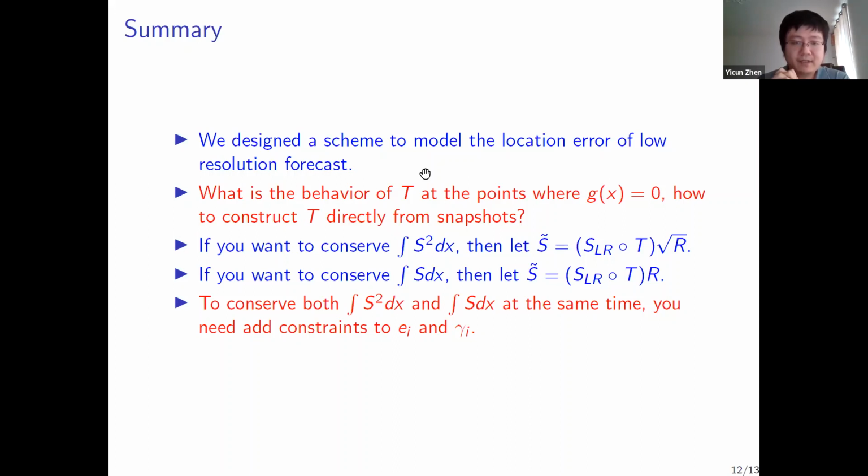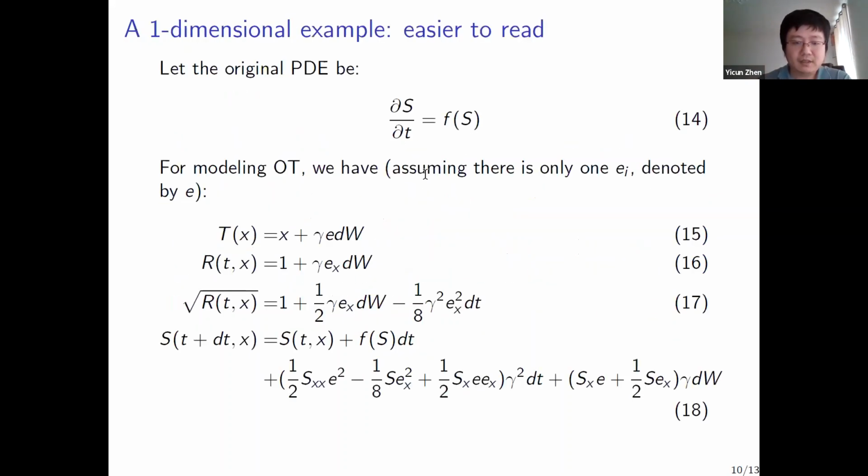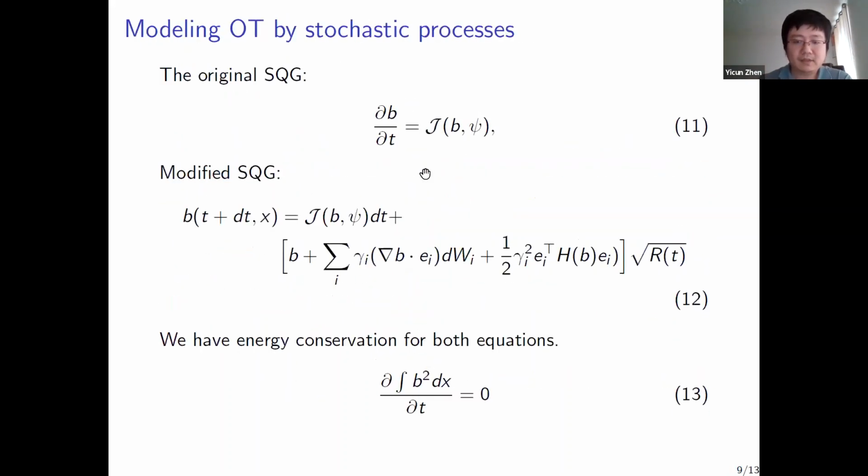We change the original equation: we add some noise term and also some deterministic term to the original equation, all aimed at a better representation of the uncertainty in the forecast.